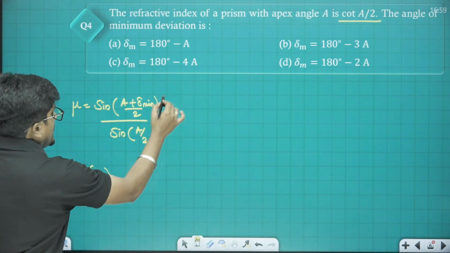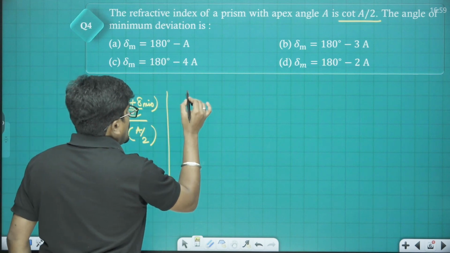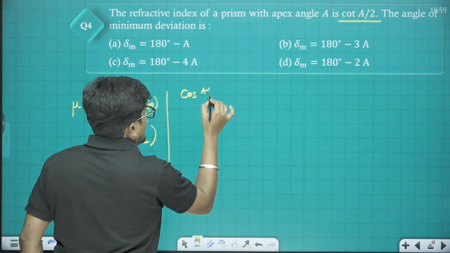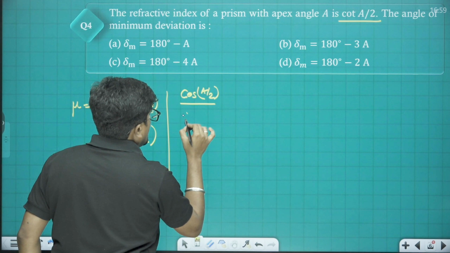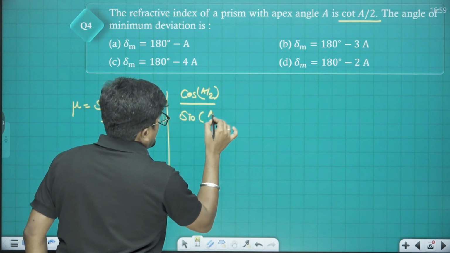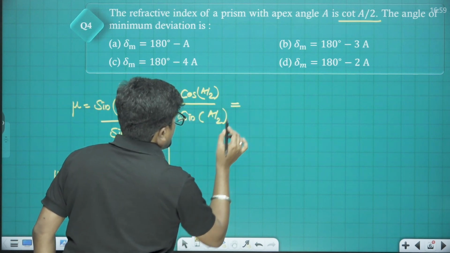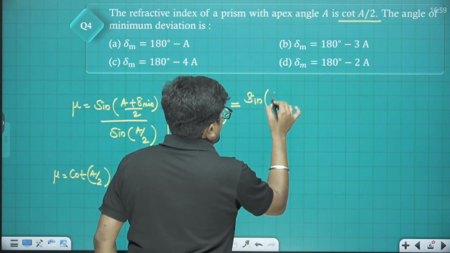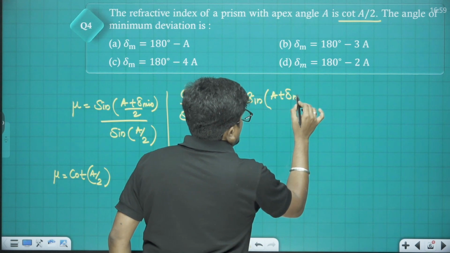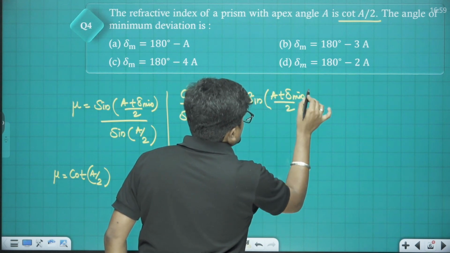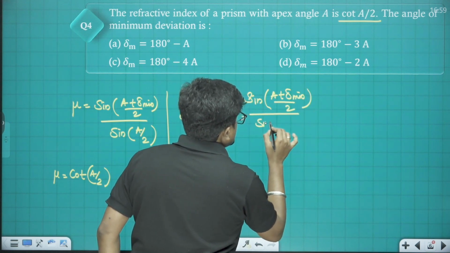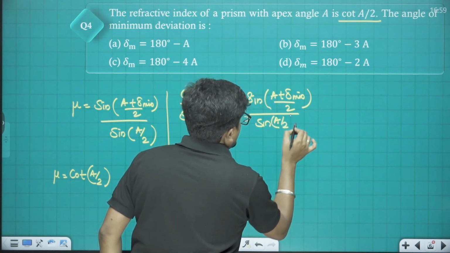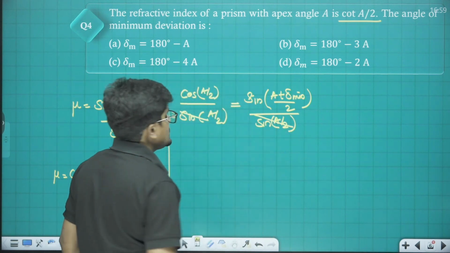Cot of A by 2 means cos of A by 2 upon sine of A by 2. That is cot of A by 2. That is now equal to sine of (A plus delta minimum)/2 upon sine of A by 2. These two will get cancelled each other.